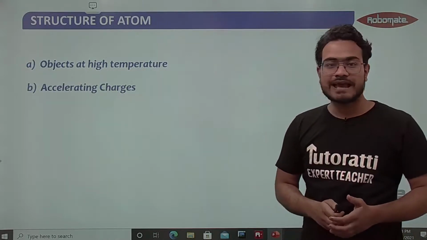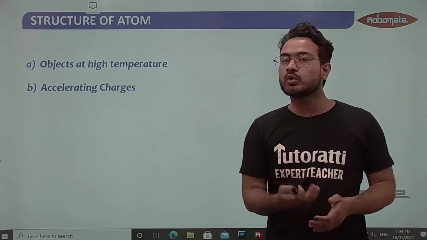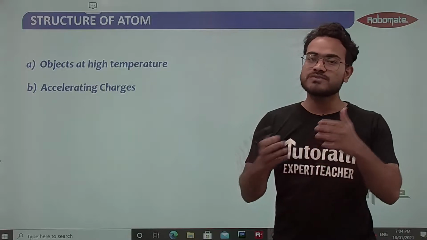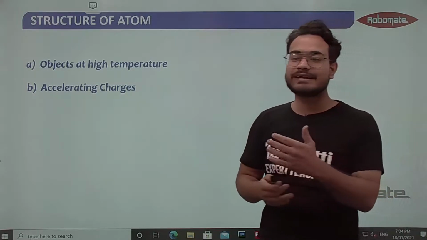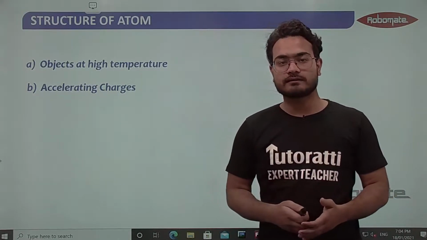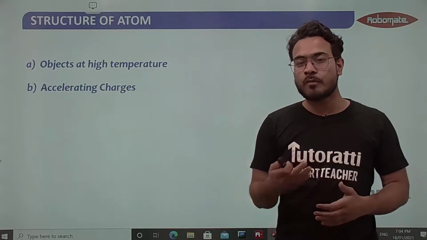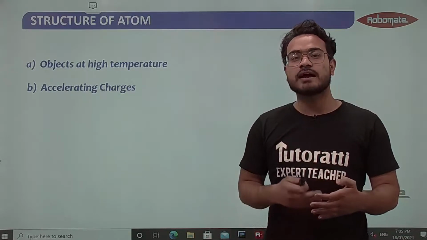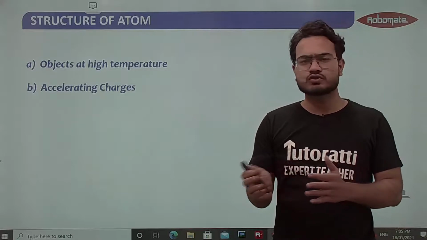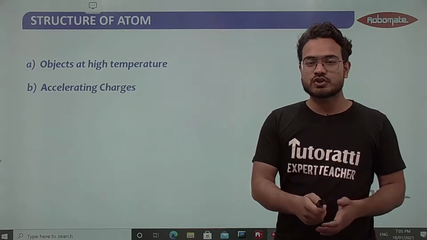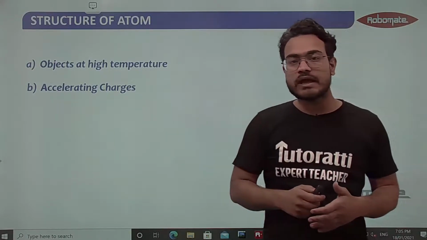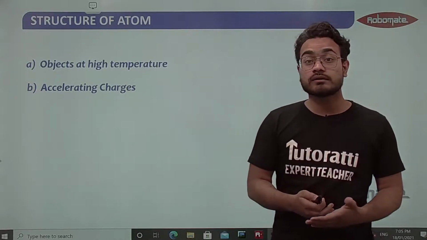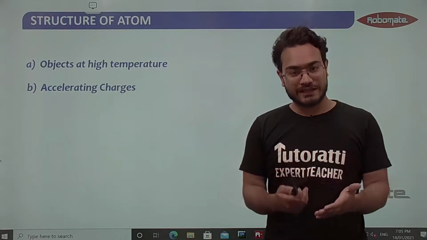And the second one is accelerating charges. We all know that from the sun we get accelerating charged particles in the form of solar flares and ions and other radiations. So these two things are required for radiations.